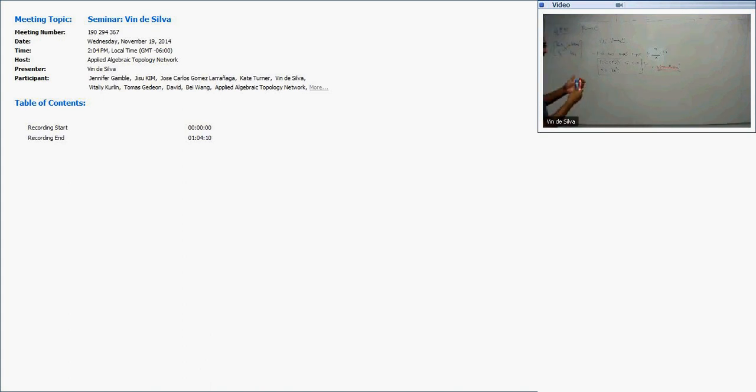Now, the idea is that an interleaving is the following. For every V of x, so before it was V of t, now in the general setting it's V of x, I have to find a map from V of x to V of gamma of x. And I find maps from W of x to W of kappa of x. Let's say one set of maps is called phi, and the other set of maps is called psi.